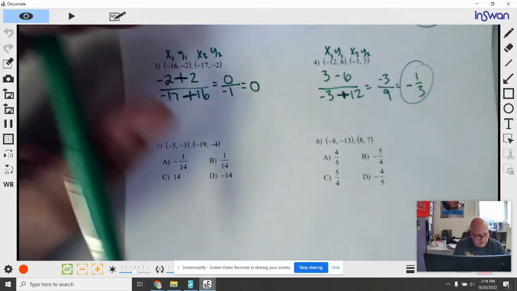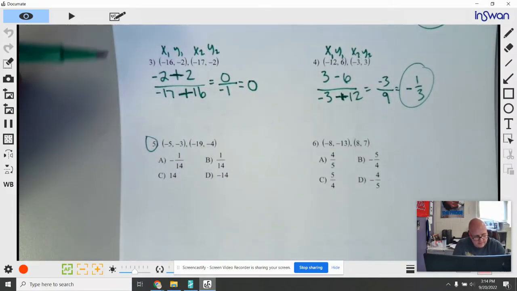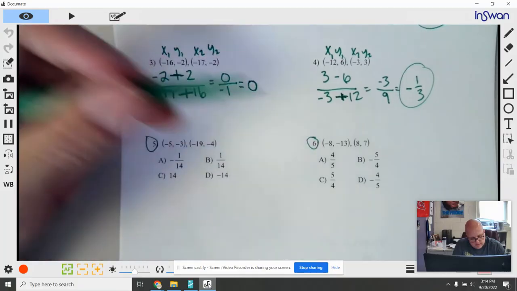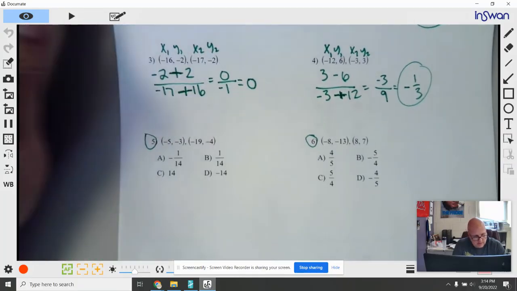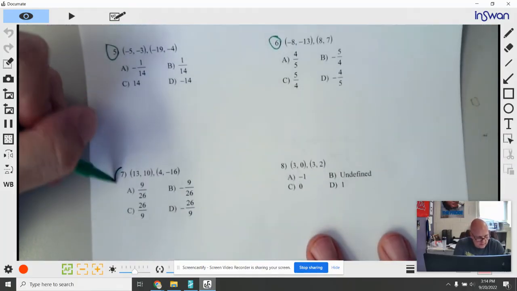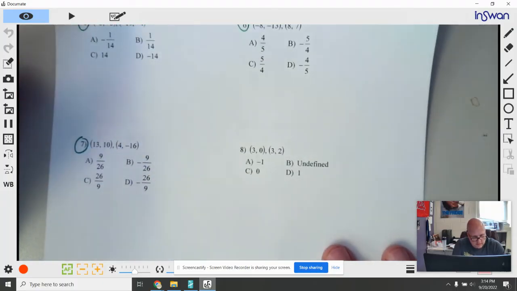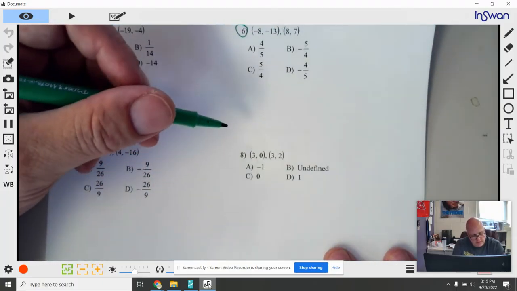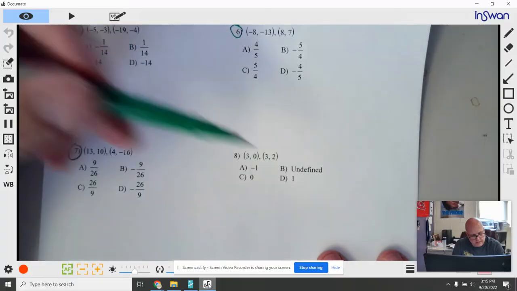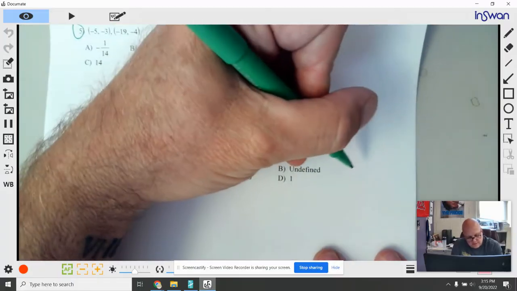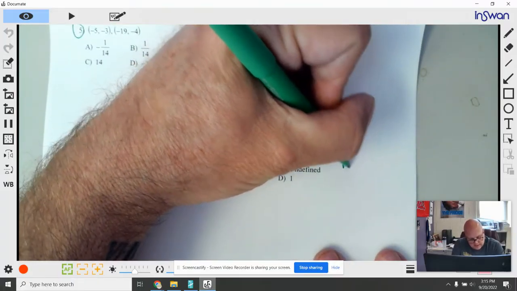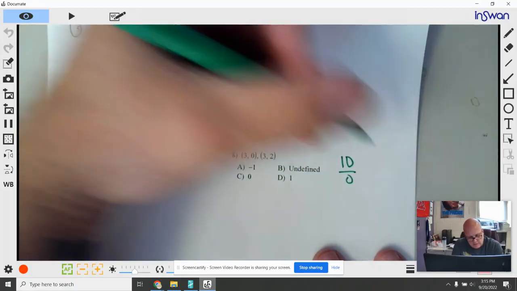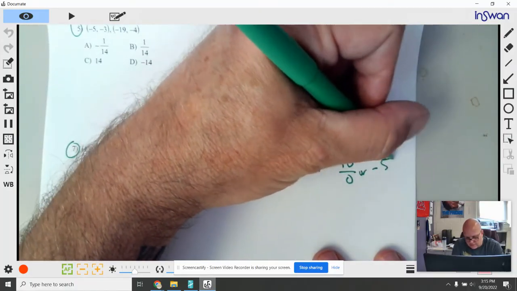All right, you guys go ahead and do number 5. Number 6. Number 7. And looking at number 8, just remember we see there's a possible answer, undefined. Undefined means you're going to get something like 10 over 0 or negative 5 over 0.